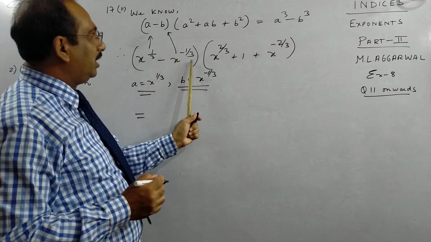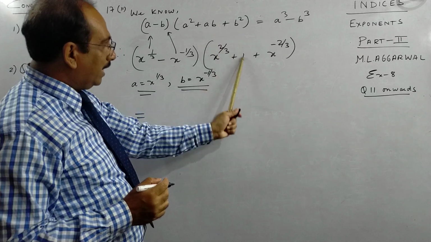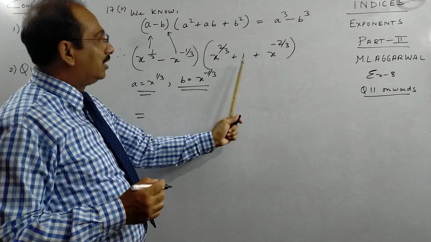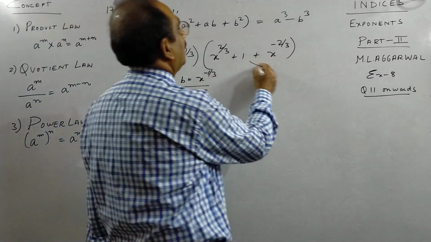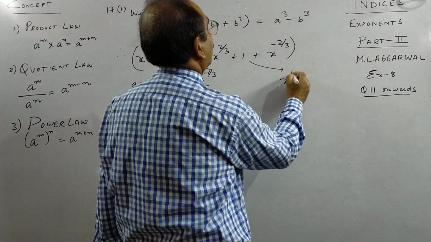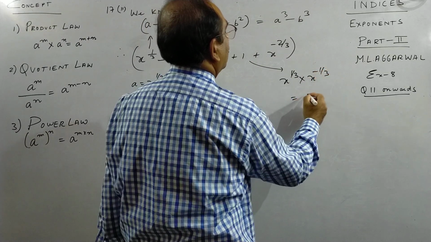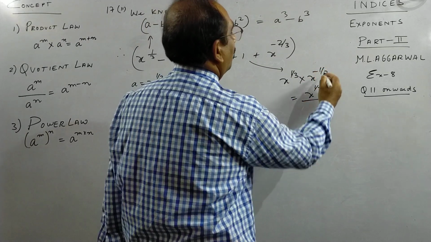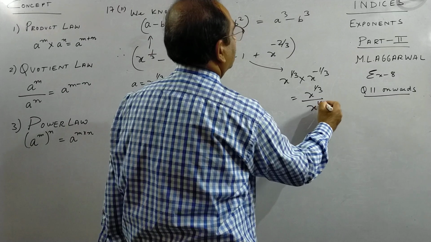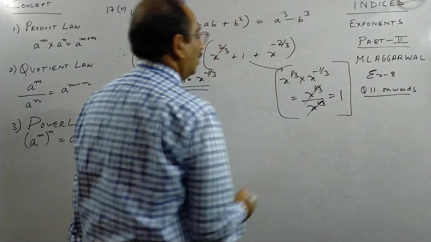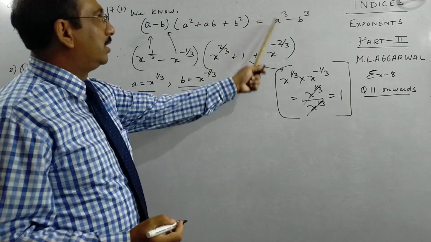A minus b, a square. This is ab, because if you multiply these two, it will cancel and give you 1. If you want to see, I'll show you x to the power 1 by 3 into x to the power minus 1 by 3. The minus becomes plus down and this cancels. And this is also b square.